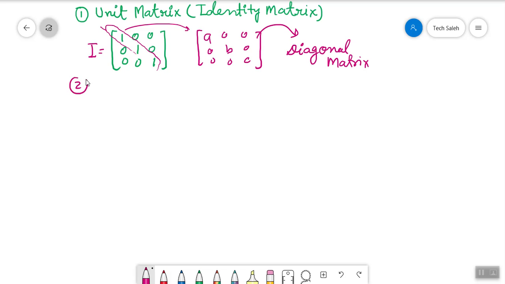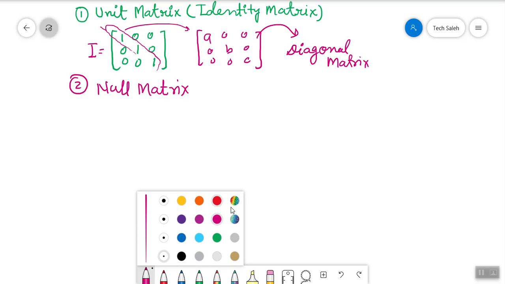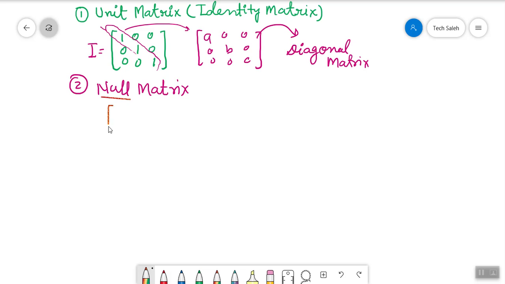Second very important matrix is the null matrix. The best thing about the null matrix is that, as you can see, the null value is going to be null, right? So 0, 0, 0, 0, 0, 0, 0, 0. So this is the null matrix.